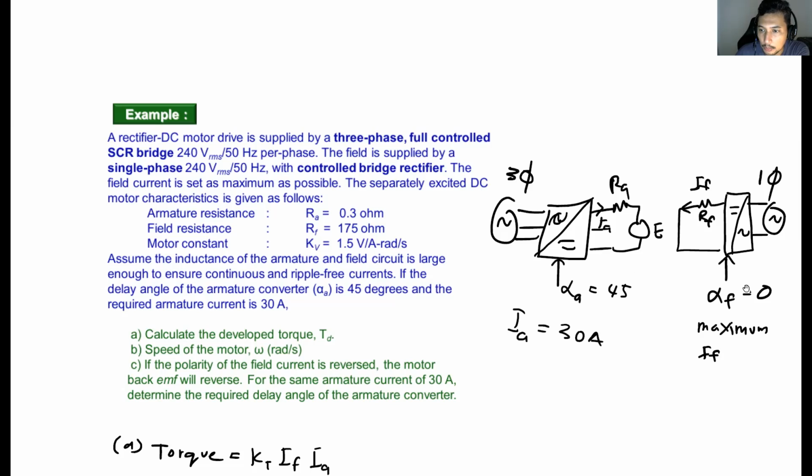Because we know that when you delay the angle, the value of the voltage and also the current will be lower. So maximum means there is no delay. The IA that flows inside the armature is given as 30 ampere. So calculate the developed torque.